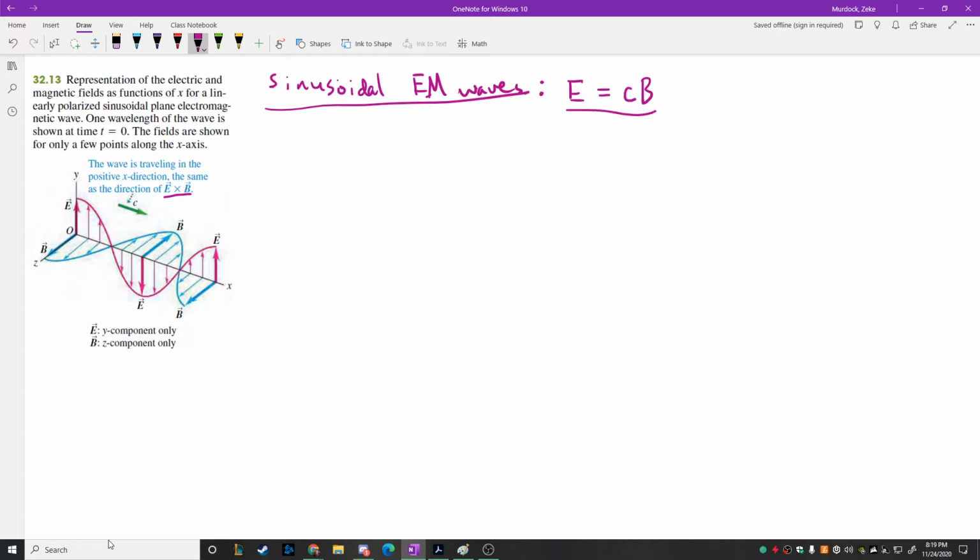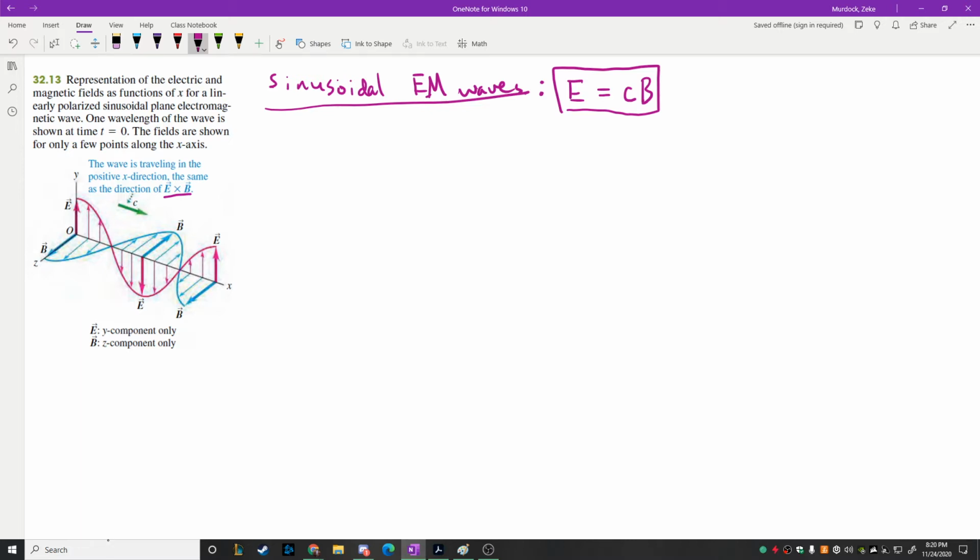Whatever the values are, they have a constant ratio. If they have a constant ratio, then when the electric field's at maximum, the magnetic field has to be maximum. When the electric field gets really small, the magnetic field has to get small, and so on and so forth.